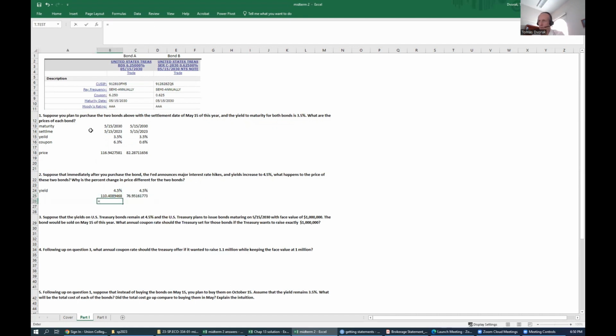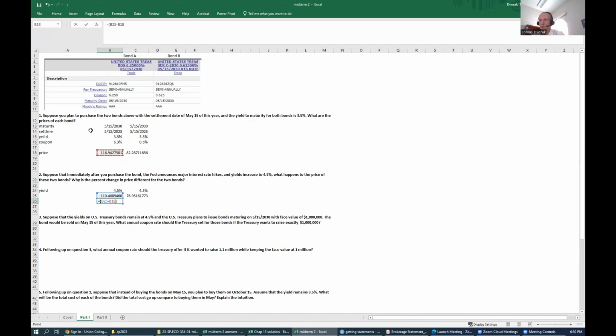Let's see what's the percent change. Does this look right? I think so. The prices went down. If yields go up, prices go down. How much? Well, let's calculate the percent change in the prices.